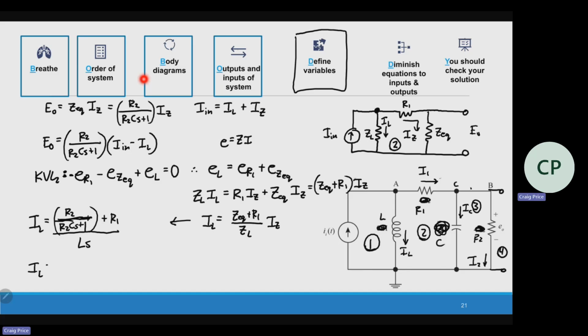So we can rewrite this as R1 R2 CS plus this, plus R1 plus R2, all over R2 CLS squared plus LS.